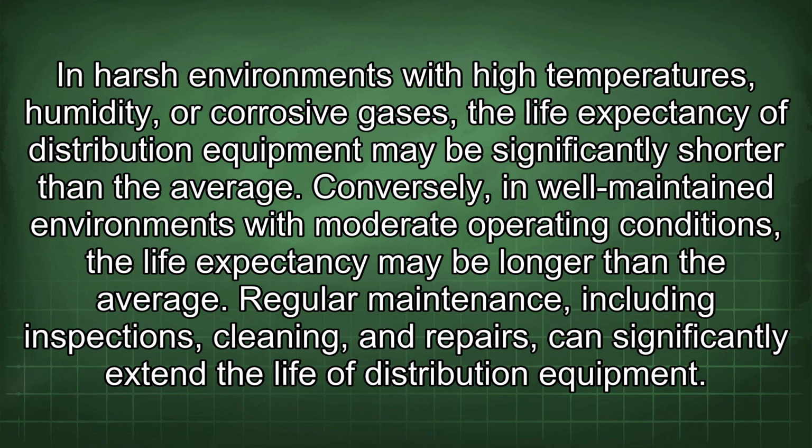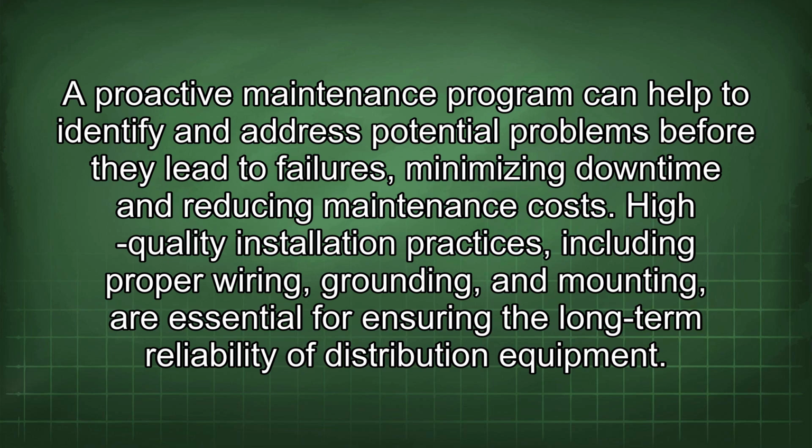Regular maintenance, including inspections, cleaning, and repairs, can significantly extend the life of distribution equipment. A proactive maintenance program can help to identify and address potential problems before they lead to failures, minimizing downtime and reducing maintenance costs. High-quality installation practices, including proper wiring, grounding, and mounting, are essential for ensuring the long-term reliability of distribution equipment.